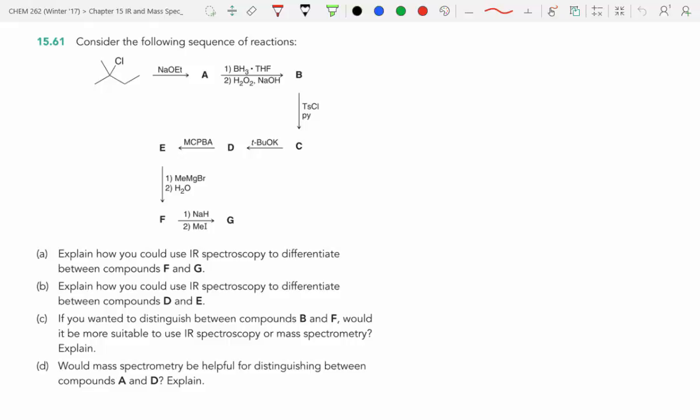Then check your work with your neighbor too. I'm just going to draw letters out, and then we'll draw in the structures.